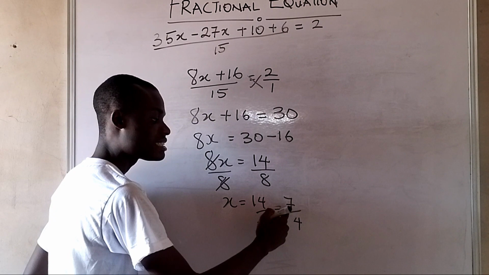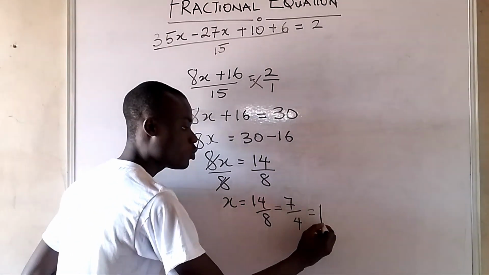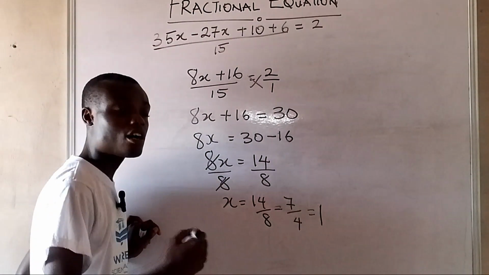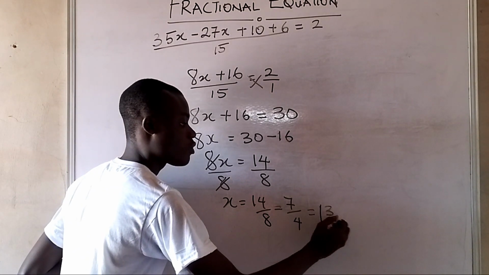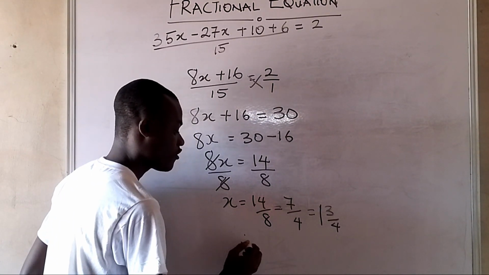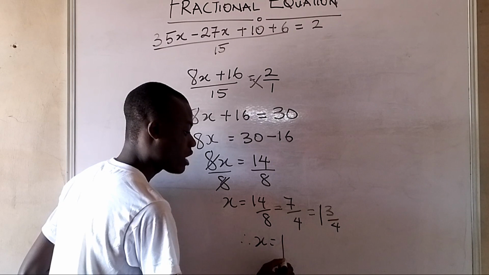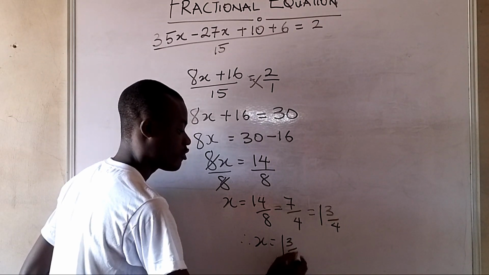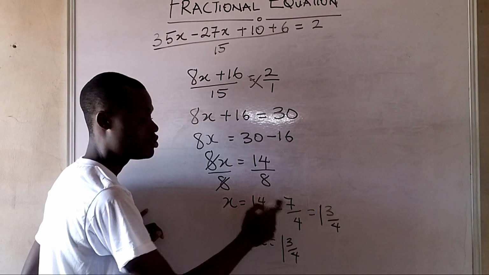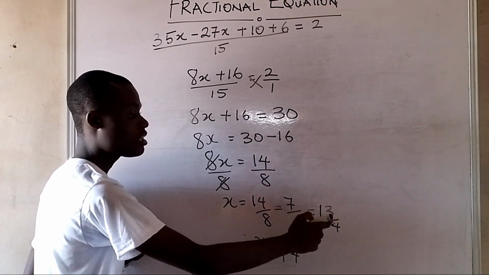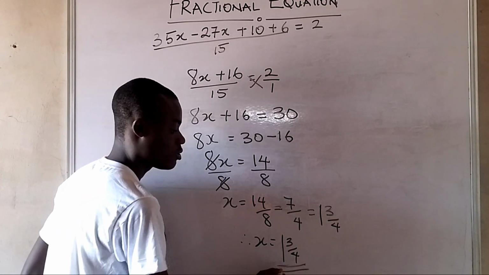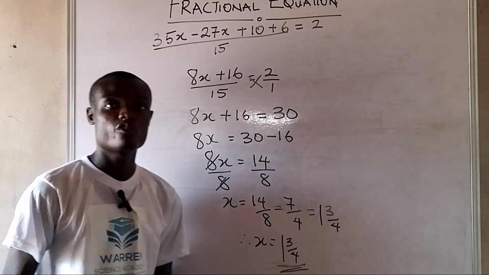Now 4 can divide 7 once. So we have one whole number, and the remainder of 3 is 3 over 4. So therefore, x is equal to one whole number, 3 over 4. Remember, when 4 divides 7, it will only go one time with a remainder of 3 over 4. So our final answer is one whole number, 3 over 4.